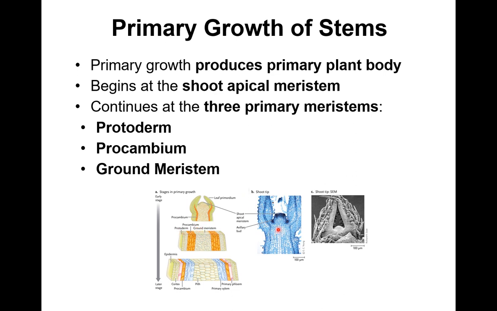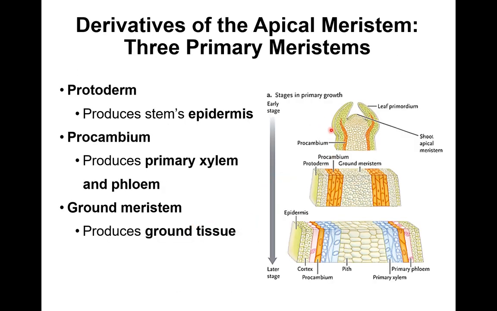And then with the growth going, these 3 primary meristems would finally differentiate into the final tissues, those tissues that we talked about in the first part. So the protoderm would differentiate into the epidermis. The procambium would differentiate into the vascular tissue, so the primary xylem and phloem.